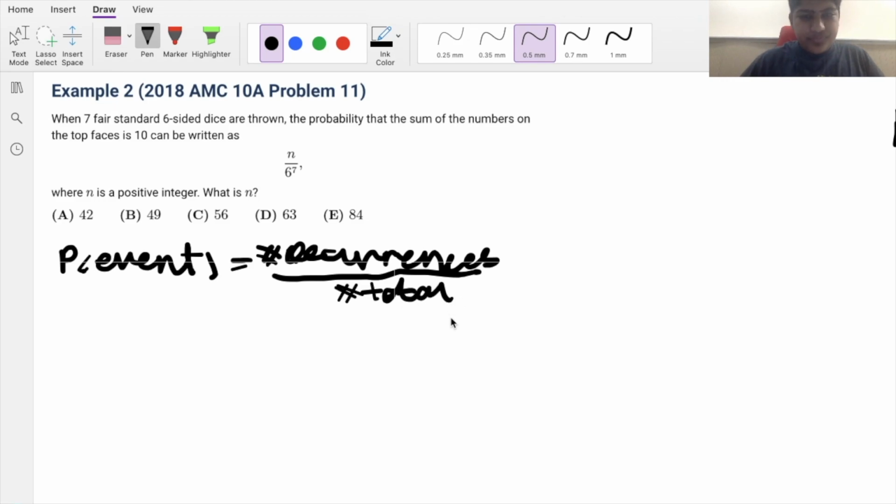Alright, so here we have number of occurrences divided by number of total. So let's first calculate the number of total.